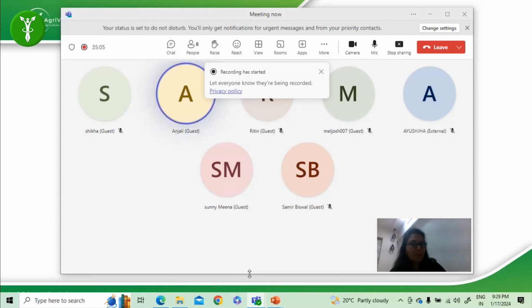Ma'am, in unsteady state, temperature is a function of only time, and it's not considered a function of distance. Good. Others? I would like to know the answer from all of you. Those who were able to solve this problem statement, how did you get to know you will be using this particular formula?